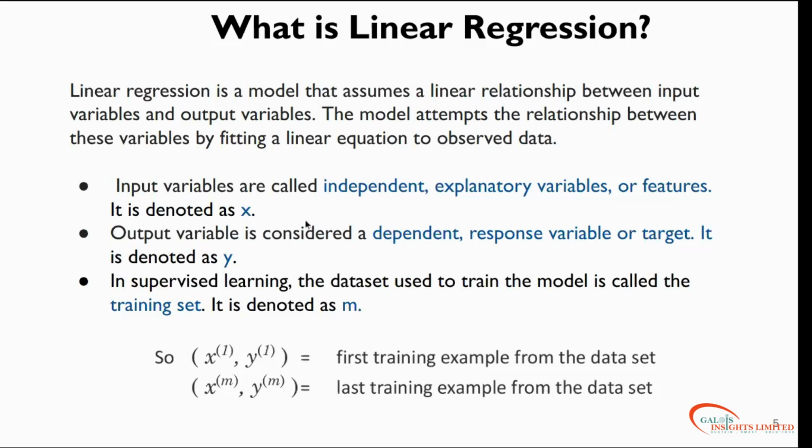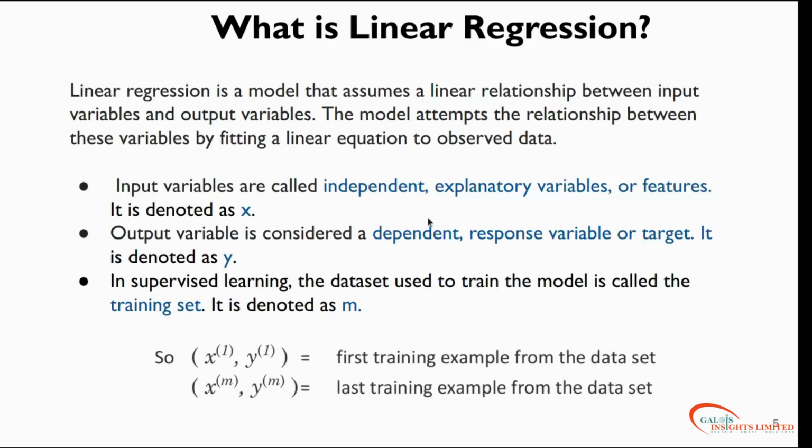In a typical supervised learning process, which is a subcategory of machine learning, the data set that we normally use to train the model is called the training set, and the number of training examples is mostly denoted by m.